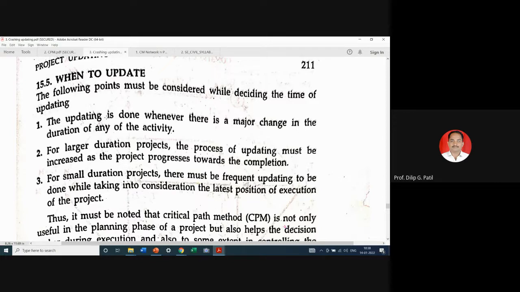So the updating is done whenever there is a major change in the duration of any activity.